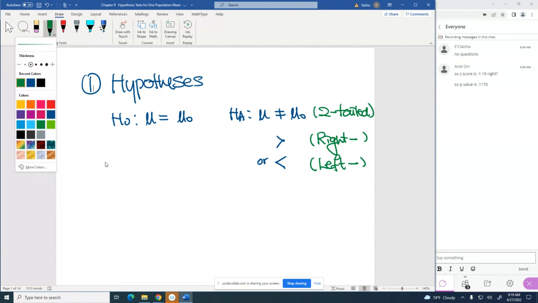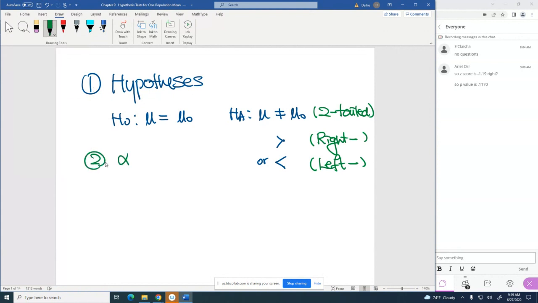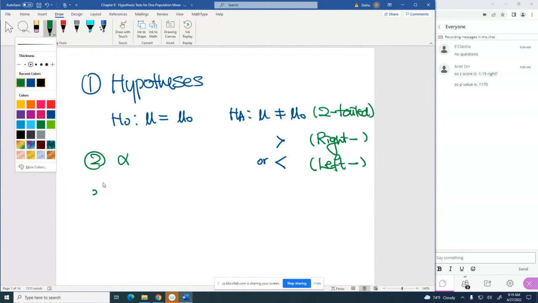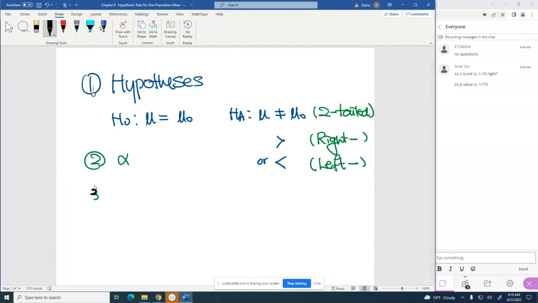And the second one, we need the alpha. The name was the significance level. And step 3, we need the test statistic, which was a z-score. It's based on the mean difference between the two means: the sample mean and the initial setting, which is a population mean.